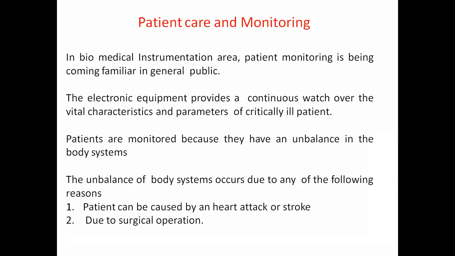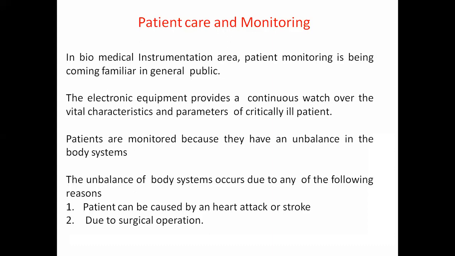The electronic equipment provides a continuous watch over the vital characteristics and parameters of critically ill patients. In the patient care monitoring unit, mainly electronic equipment will be there, and those equipment will continuously watch the patient's condition. What are the different characteristics and parameters?